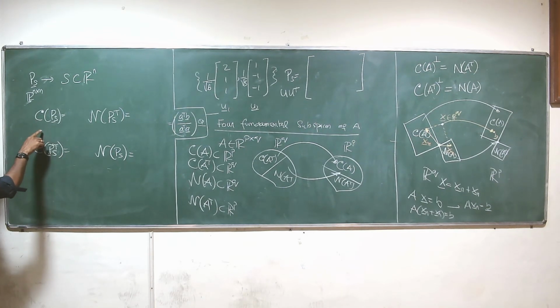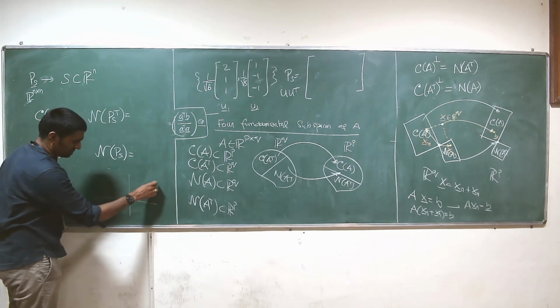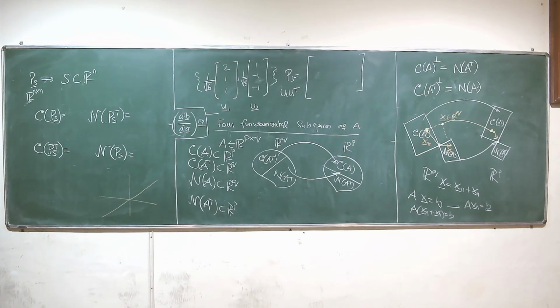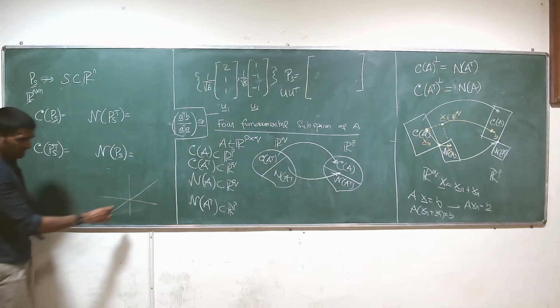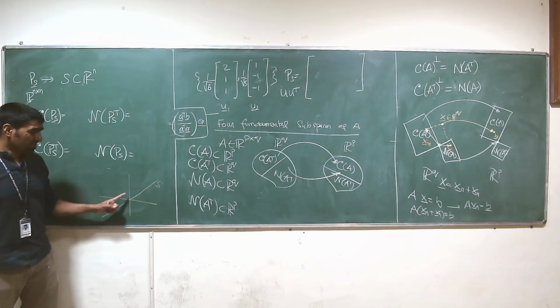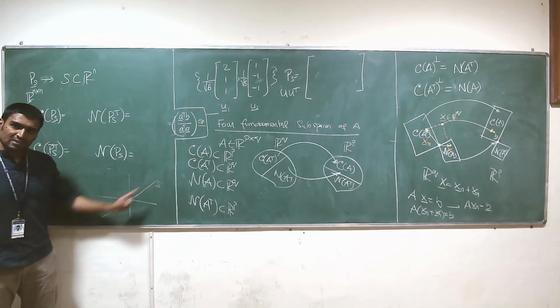So from that definition, can we find out what would be the column space of this projection matrix? Go back to that example that we drew in R2. This was the subspace S. The projection matrix took any vector from R2 and projected it onto the subspace.